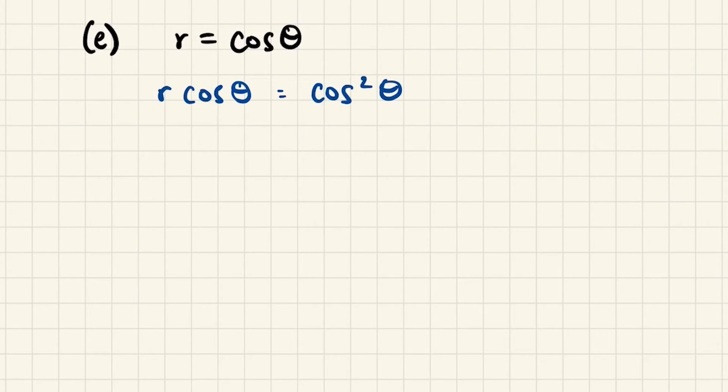Of course, you could find a way to turn that into tangents by writing it as 1 over secant squared and then turning the secant squared into 1 plus tangent squared, and there you are. Now you've found a way to convert everything to x's and y's. Again, there's a much easier way to deal with this, and that is multiplying both sides by r.